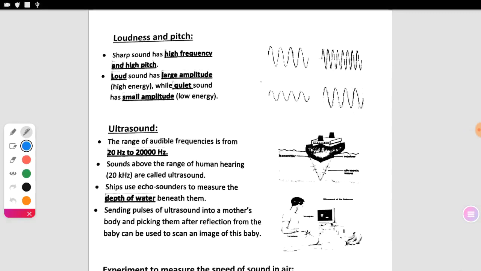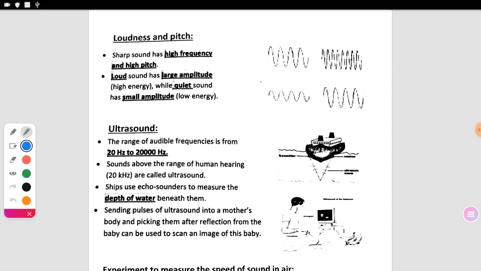We now study sound, from the characteristics of sound: loudness and pitch. Pitch means sharp sound.